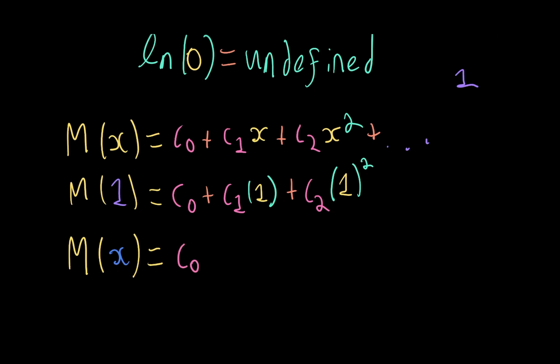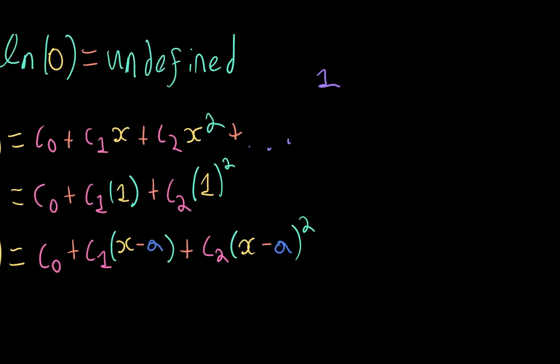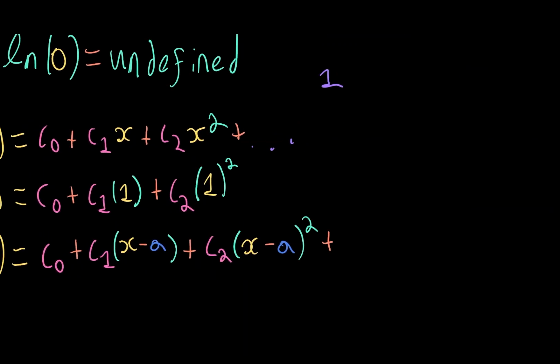We would do m of x is equal to c0, so this stays the same, plus c1 bracket x minus a, plus c2 bracket x minus a squared, plus c3 bracket x minus a cubed, and so on, right?